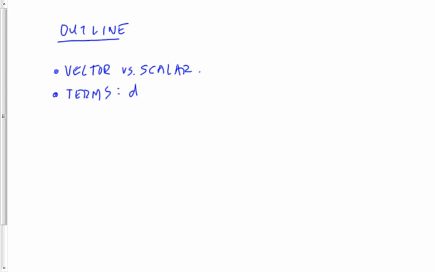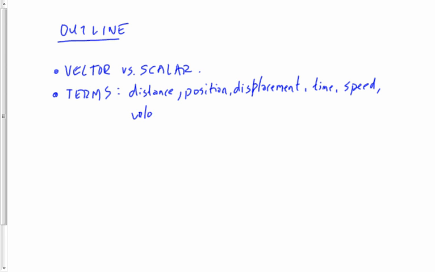Our terms were distance, position, displacement, time, speed, velocity, and the last one, which we didn't do at the same time as the other ones, but now we've done it, acceleration. What do you got to know about these?